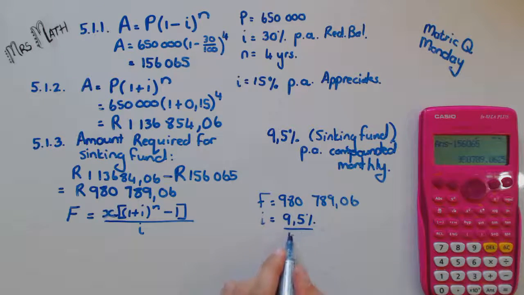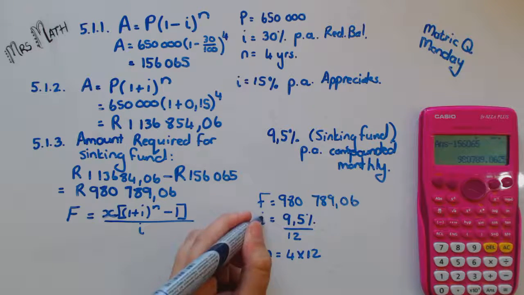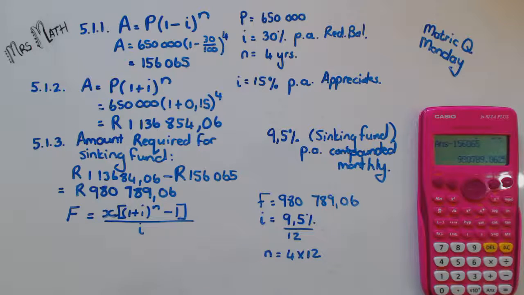So I'm going to divide it by 12, and then I'm going to take my n, which is 4 years, and multiply that by 12. Right, this is grade 11 work. If it's compounded monthly, you divide your interest by the amount of times it's compounded per year, which is monthly, there's 12. And for the n, you take your number of years and multiply it with the amount of compounds there is per year. So if it's monthly, there's 12.